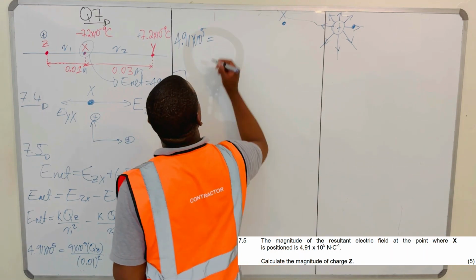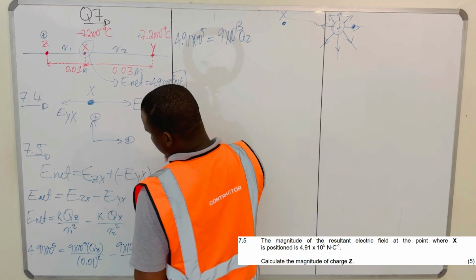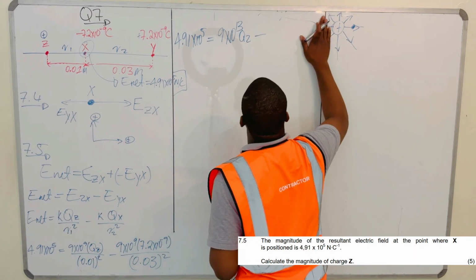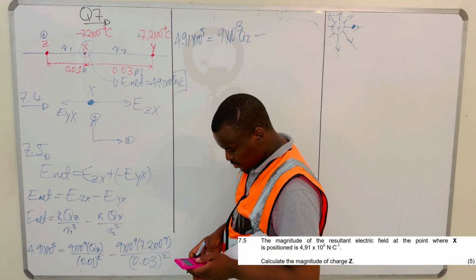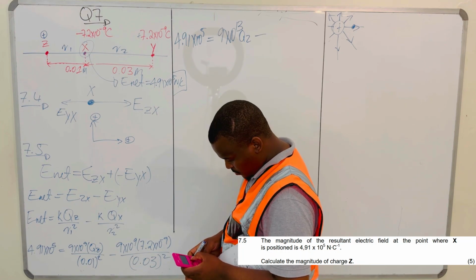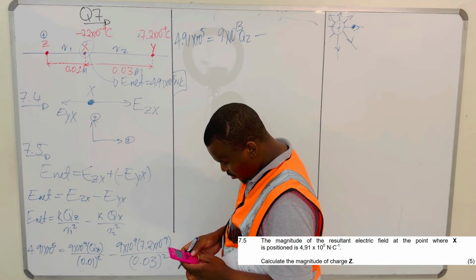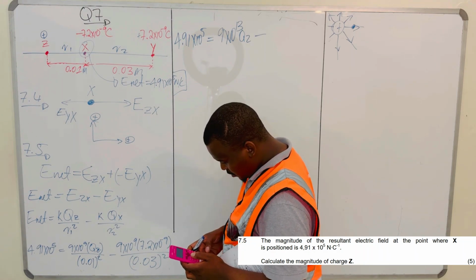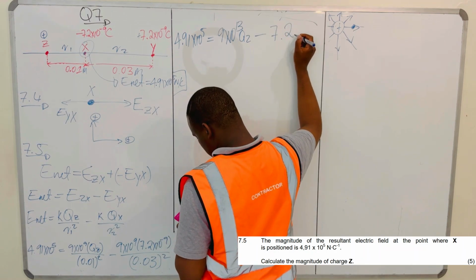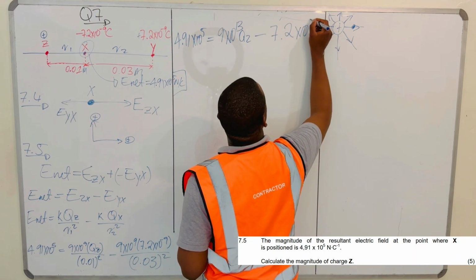We get 9 times 10 to the power 13 Q_Z, which is this part, minus the second part, times 7.2 times 10 to the power minus 9. So we get that this is 7.2 times 10 to the power 4.